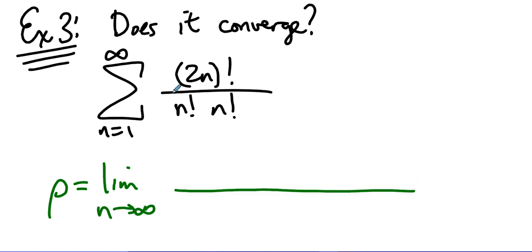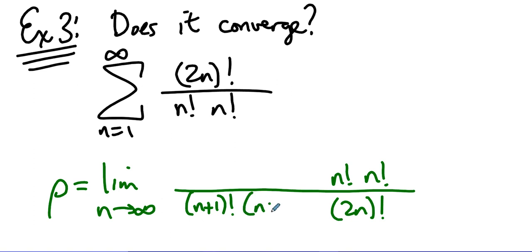What does the n plus 1th term look like? What does the nth term look like? Well, dividing by the nth term is easy. The n plus 1th term, not too hard to figure out down here. Up here, it's a little bit trickier.